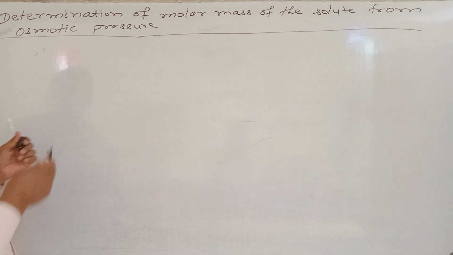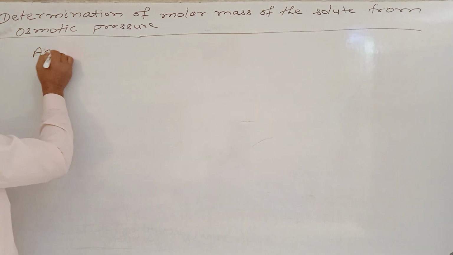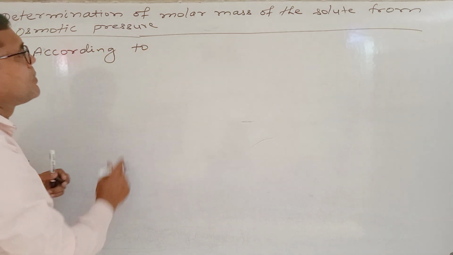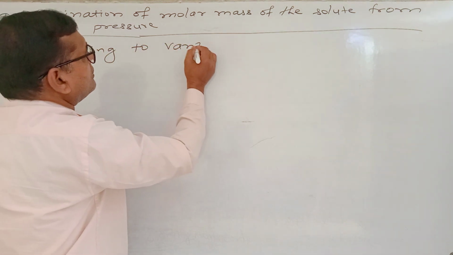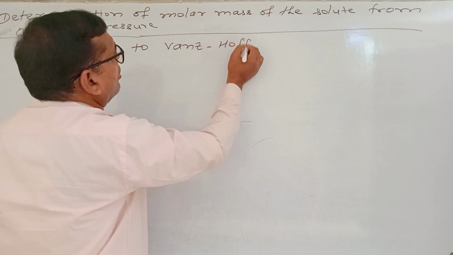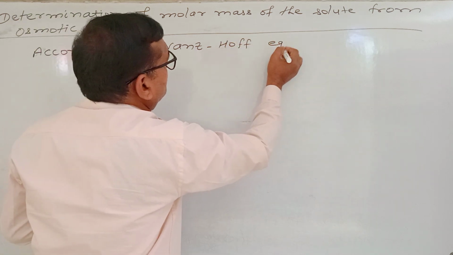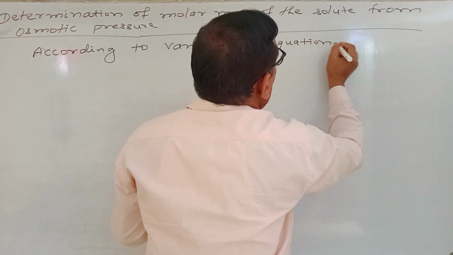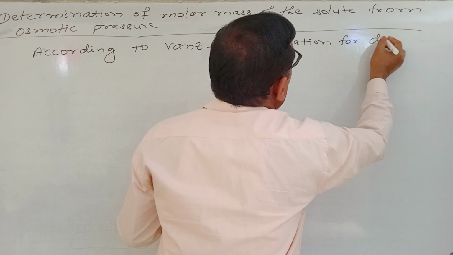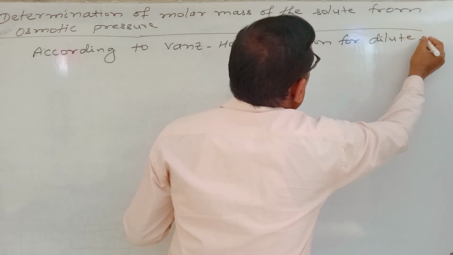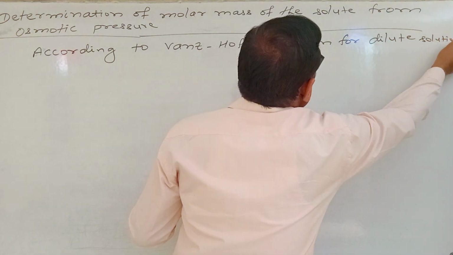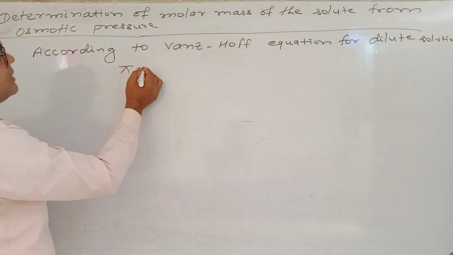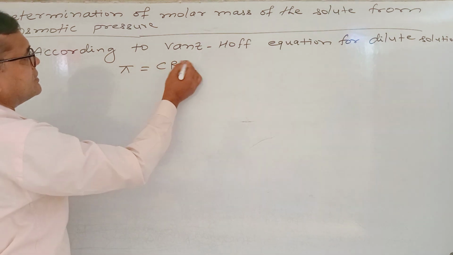According to the van't Hoff equation for dilute solution, we write here pi is equal to CRT.